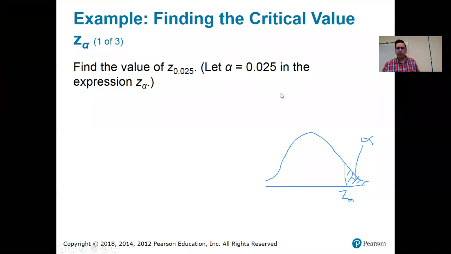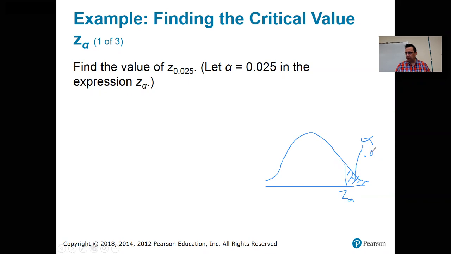So the first example of finding a critical value, they want me to find the value of z sub 0.025. I still have my picture up here. That means I'm looking for the mystery z-score that separates an area of 0.025 on top. Let me get my pen back out here. So this area is 0.025.